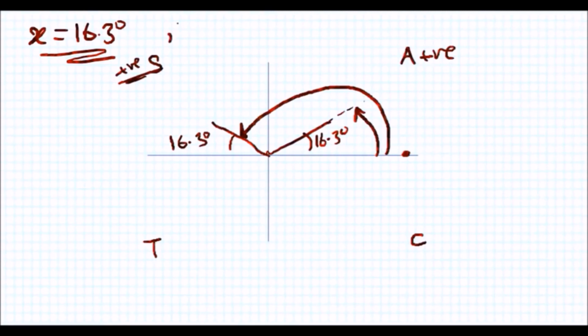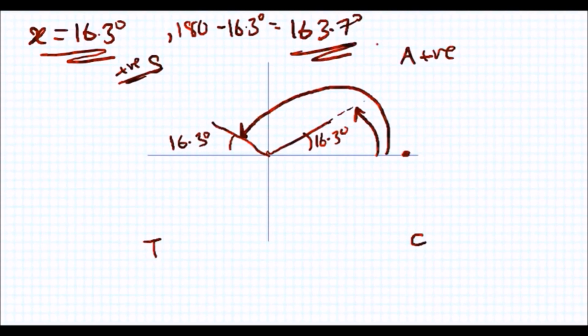So 180 minus 16.3, which gives us 163.7 degrees. Okay, and that's it, guys. That's all your solutions. Because it goes up to 360, you can't really do more, because if you went another circle round, it would pass 360, so it'd be 376.3 and so on. So yeah, that's it.